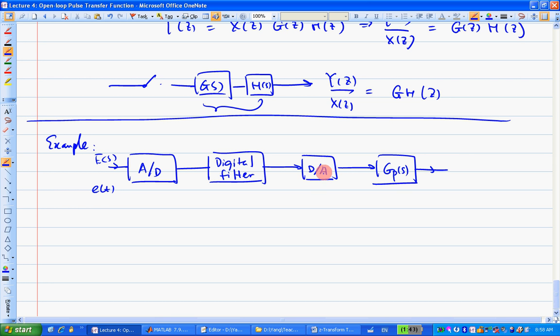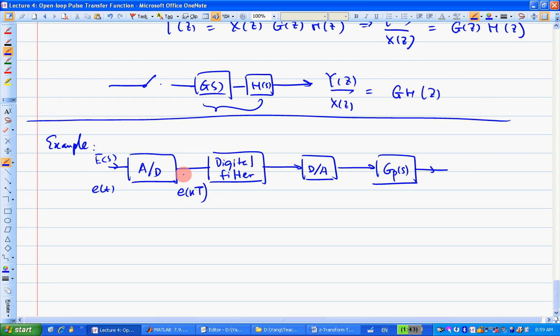When you see this kind of system, and we're trying to obtain an open loop pulse transfer function for it, we need to figure out what each block does and what the mathematical model for each block will be. The A to D is more or less a sampler; it gives us a discrete signal.